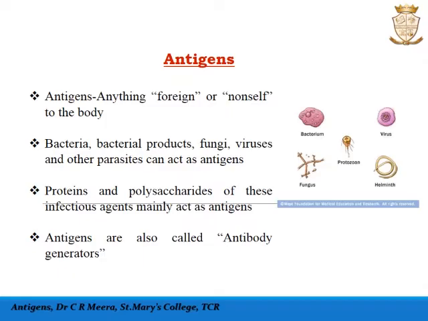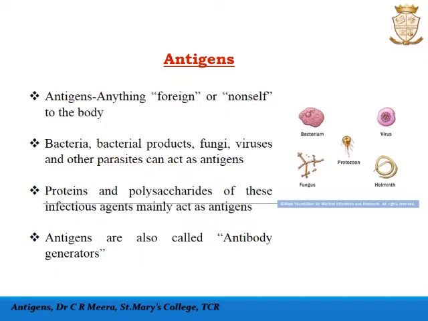These antigens or foreign bodies are usually bacteria, bacterial products, fungi, viruses, or other parasites. Entire organisms do not function as the antigen. Particular macromolecules of these infectious agents usually act as antigens.